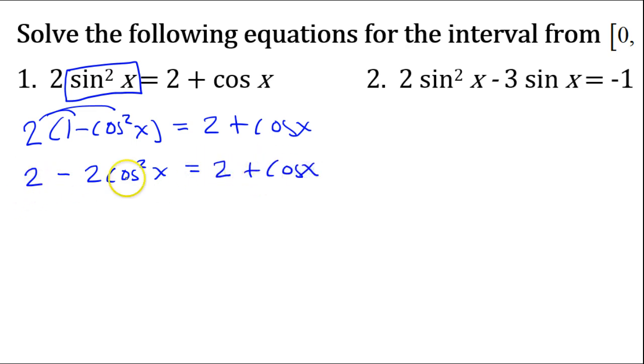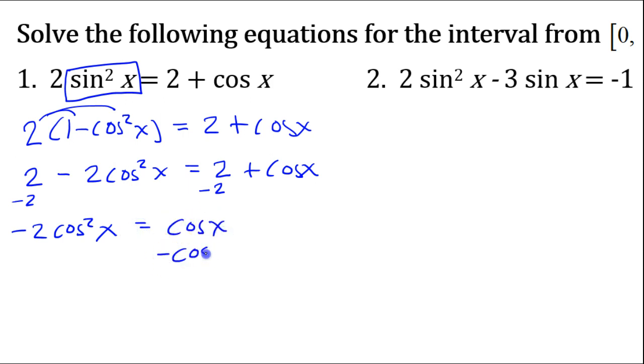So now we have all cosine, so let's get 0 on one side and see what it looks like. So if I subtract 2 from both sides, these cancel out completely. So now I have negative 2 cosine squared x is equal to cosine x.